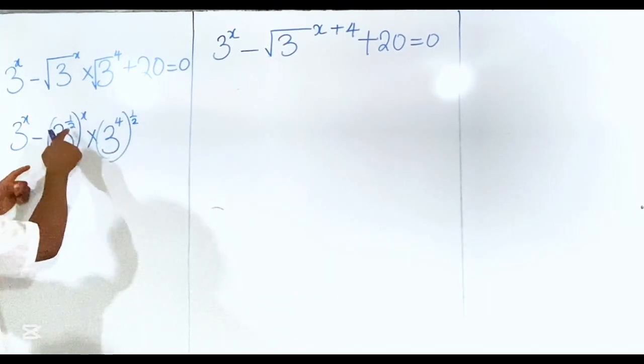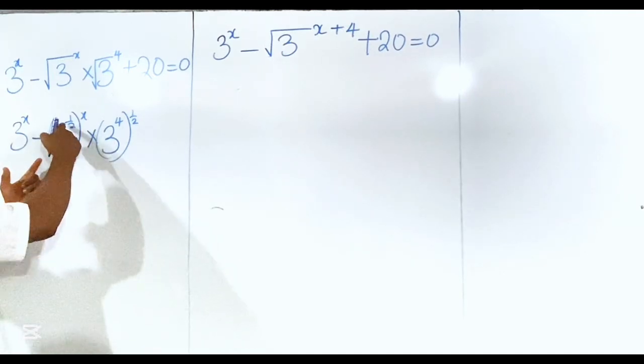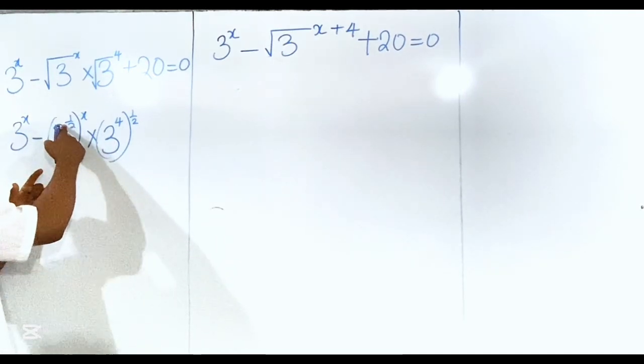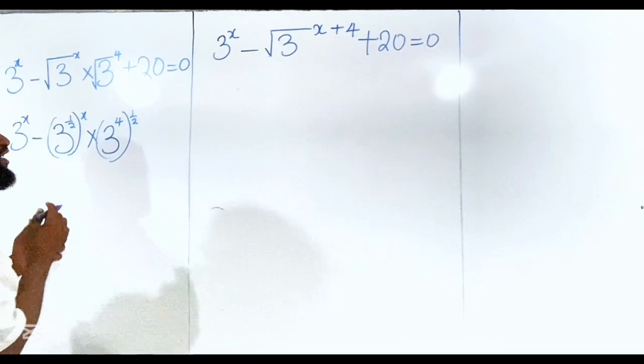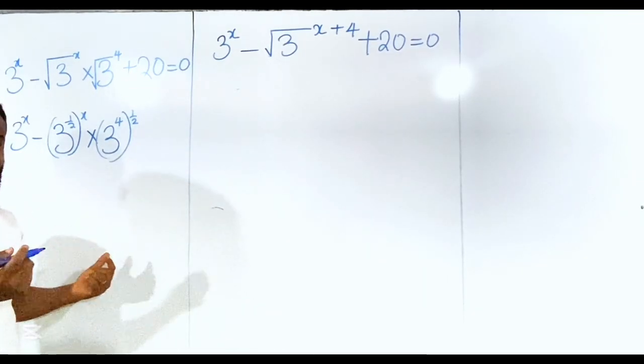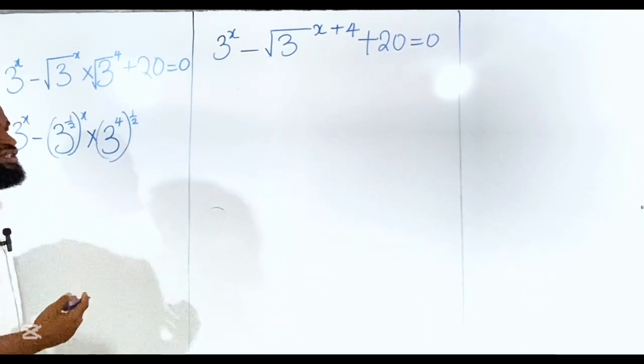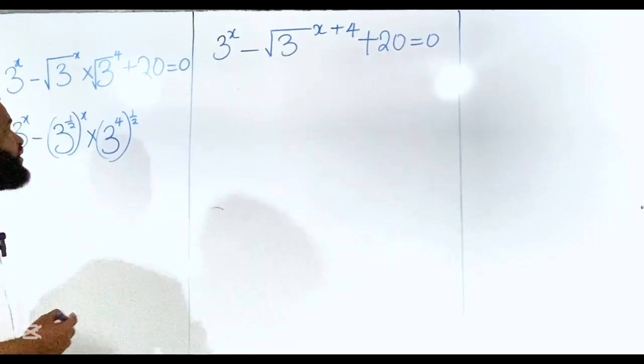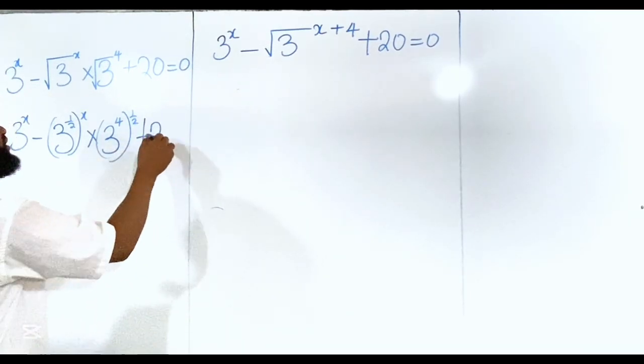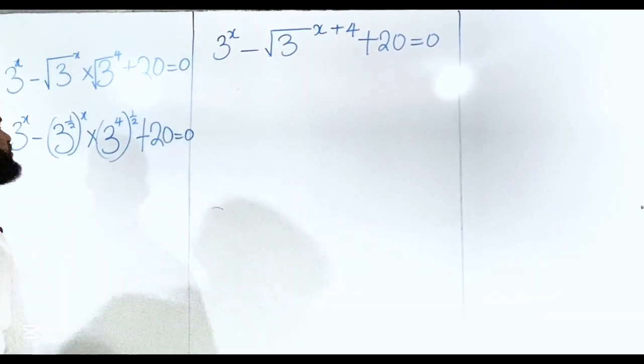It's still the same thing. It can be commutative. That means 1 over 2 can be inside or outside. Any of them can go because they are commutative, and that is the power law in the laws of indices. So this is going to be plus 20, equal to 0.